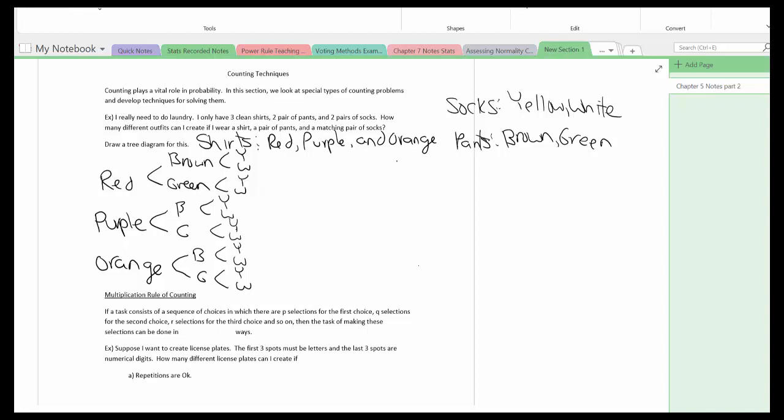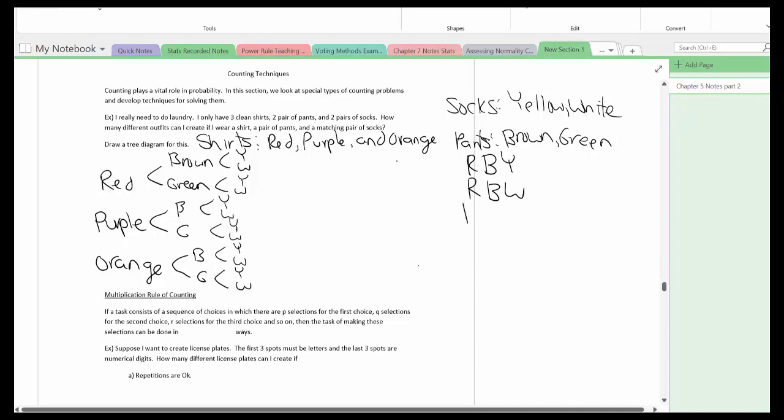Now, let's use this tree diagram to write out the sample space, or all possible total outfits I can wear. Let's start with red. So that would be red, brown, and yellow. Red, brown, and white. Now go to green. That takes care of all the red shirts. Now we're going to do the same thing with purple.